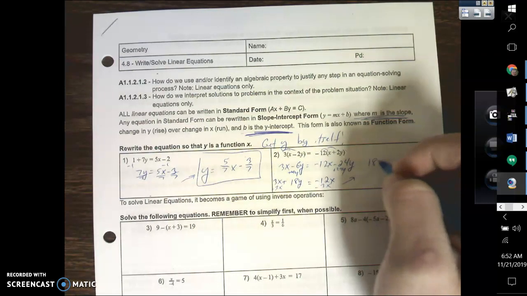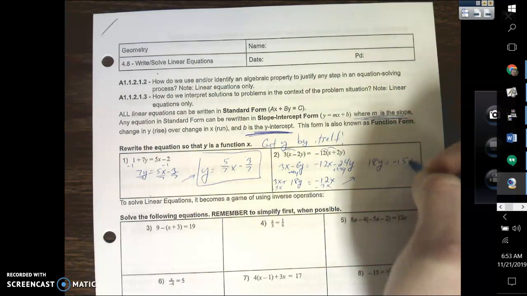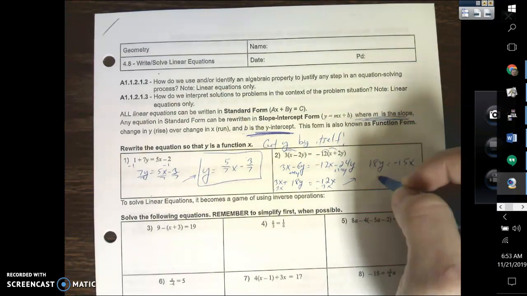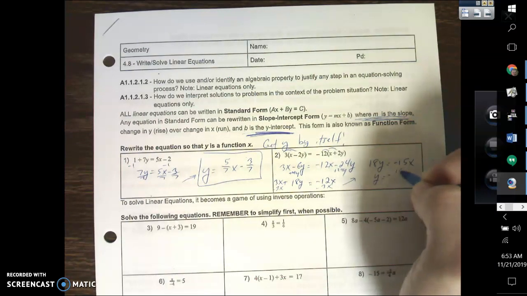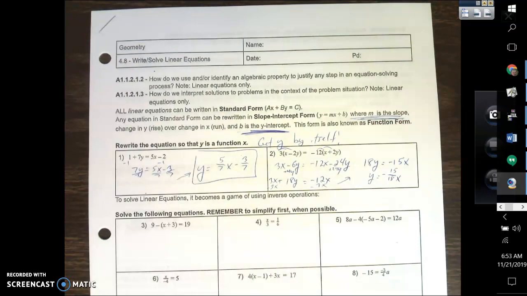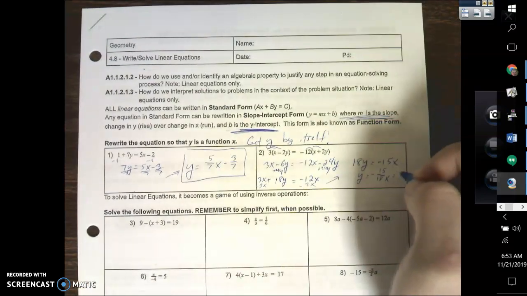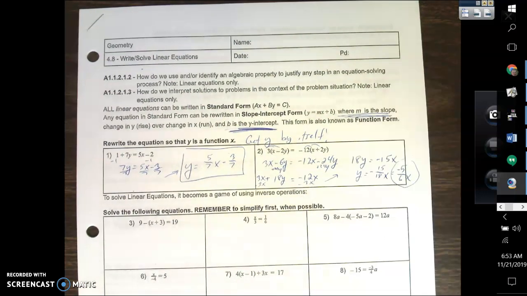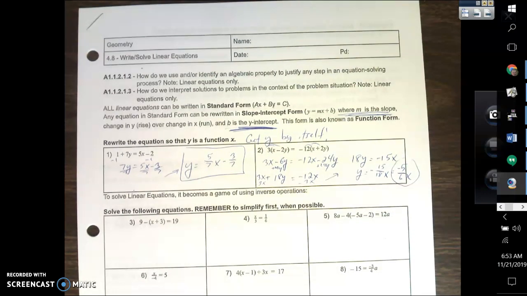So we get 18y equals negative 15x. Be careful with your signs. Divide by 18, y equals negative 15 over 18x, which I can reduce down to negative 5 over 6x. So definitely a little bit trickier. Take your time, and if you get some of your steps right, you're in good shape.